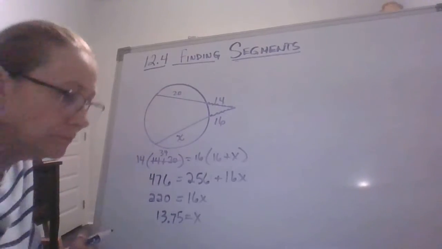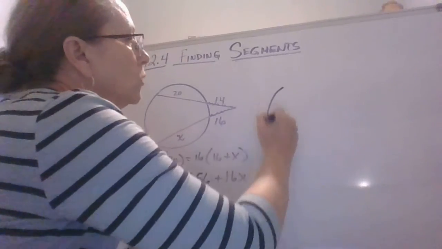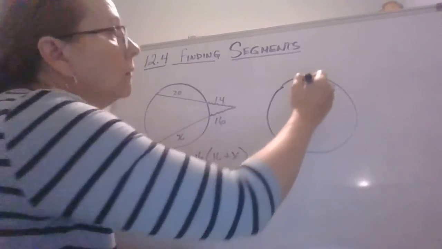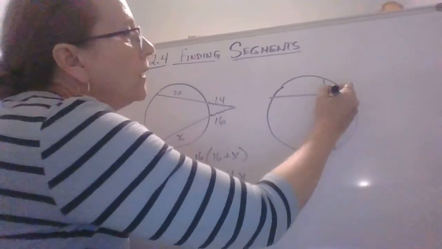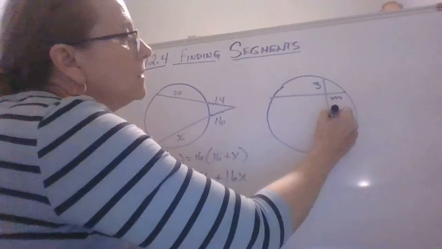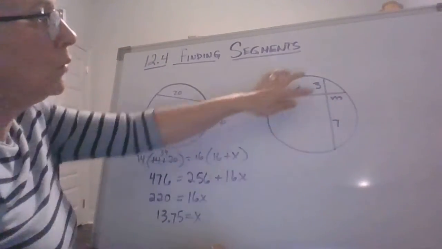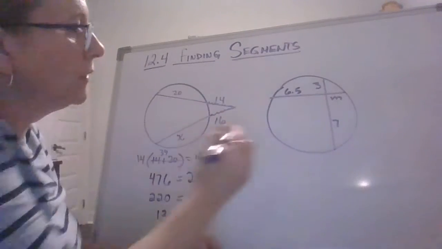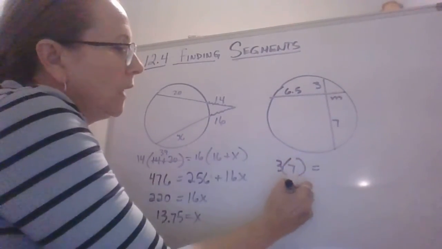All right. Another problem with our 2 chords. We've got M here, 3 here, 7, and 6.5. So 3 and 7 are on the same chord. Multiply them together. Yes, that is 21, as we know.